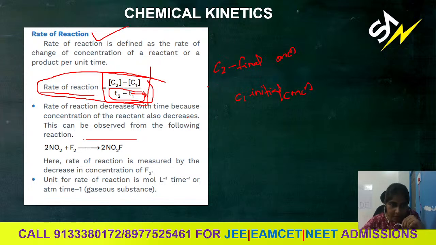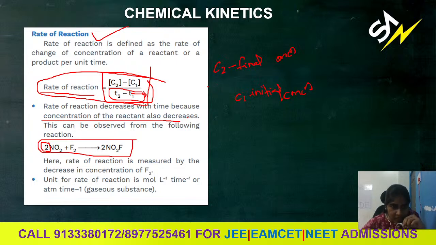For example, in the equation 2 moles of NO2 plus F2 gives 2 moles of NO2F, NO2 is taken as 2 moles and F2 as 1 mole. On the product side it gives 2 moles of NO2F. Observe this: the rate of reaction decreases with time because the concentration of the reactant also decreases.